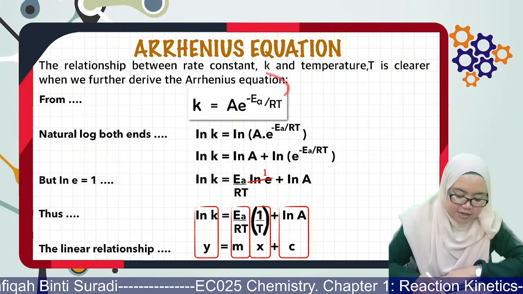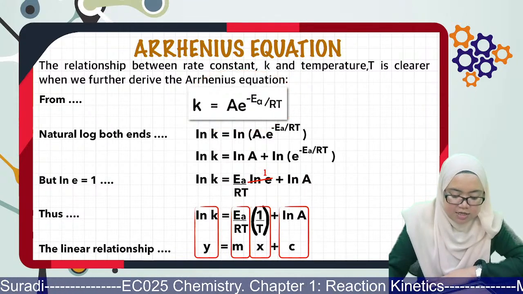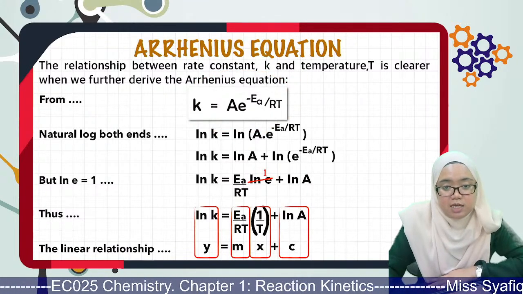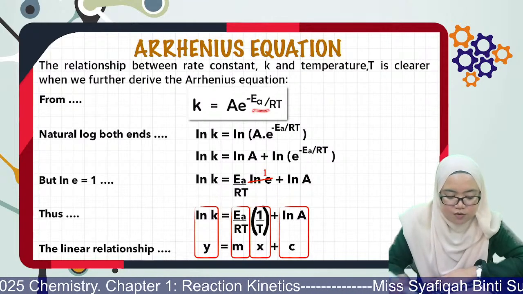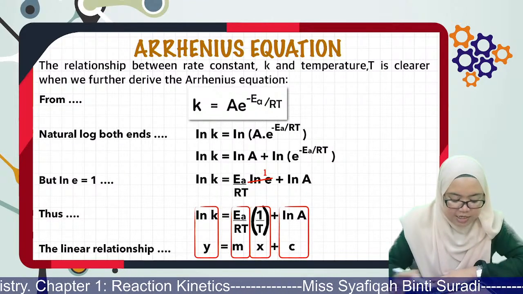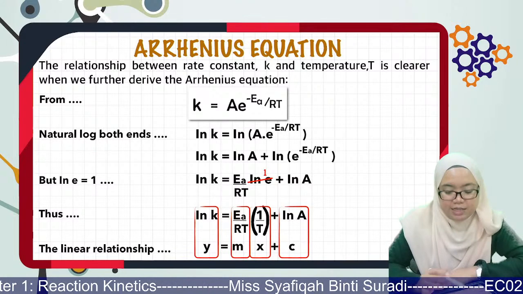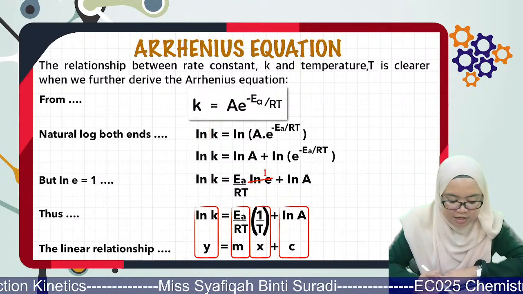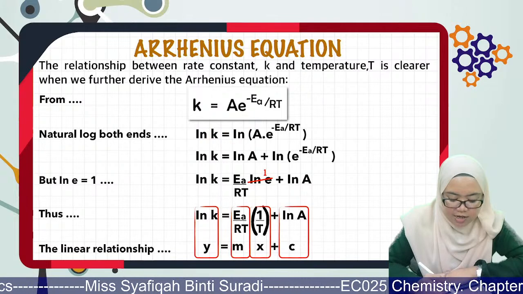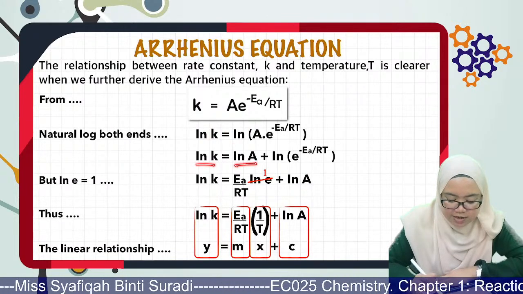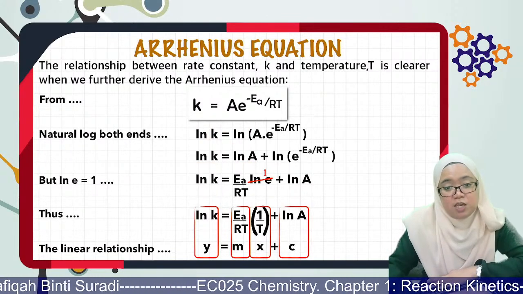So kita punya Arrhenius equation kita, K equals to A e to the power of negative Ea over RT. Okay, so bila kita natural log both side, dua-dua side kita letak ln. Okay, so akan jadi ln K equals to ln A plus ln e negative Ea over RT.